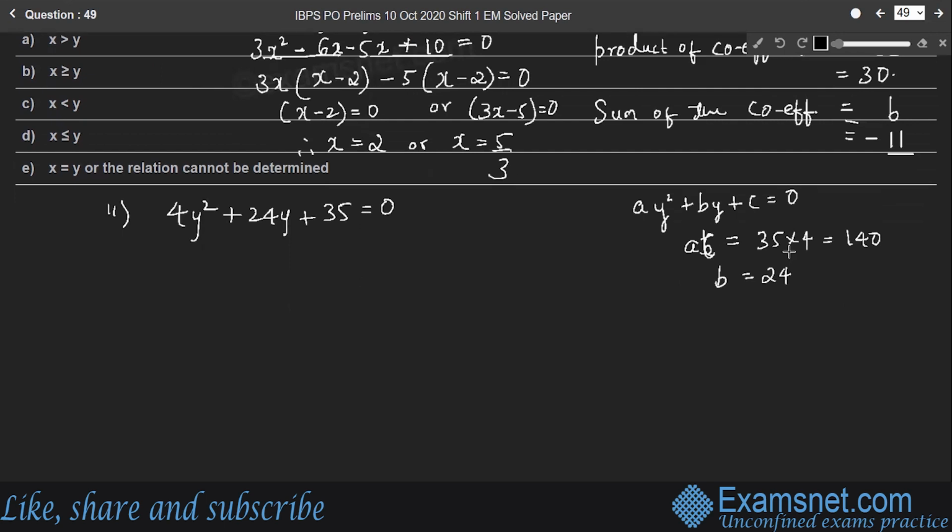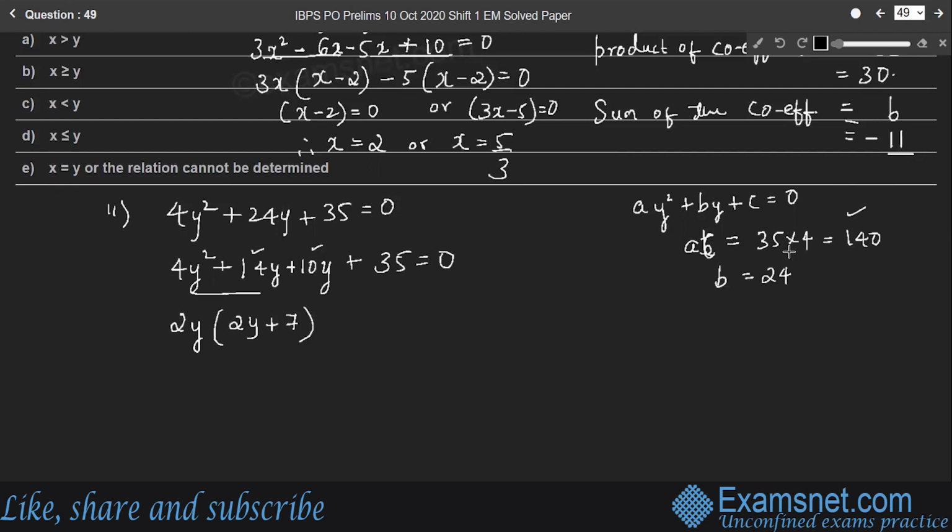Therefore, split the middle term, 24y can be written as 14y plus 10y, right? So that 14 into 10 becomes 140. Therefore, plus 35 is 0. So take the first two terms, in which 2y is common. So the remaining term is 2y plus 7, right?